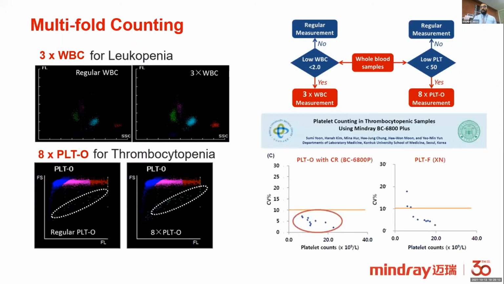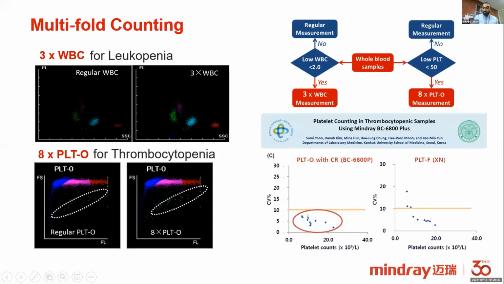And here is a study I can show you. As you can see here, this is the CV. This is the repeatability, or the precision, for the optical platelet count with low platelet counts. As you can see here, for platelets below 20, we still have a CV below 10%.